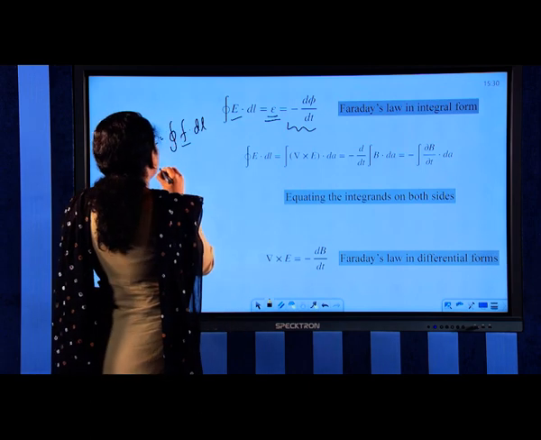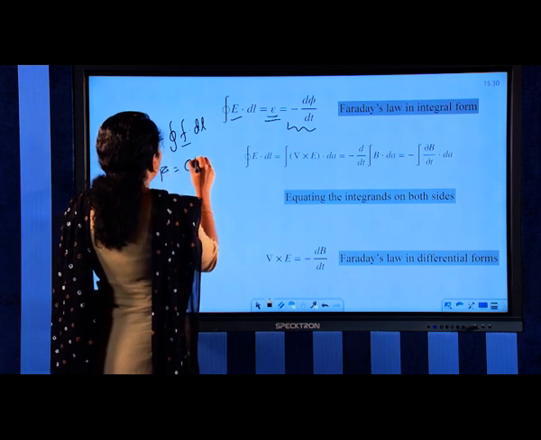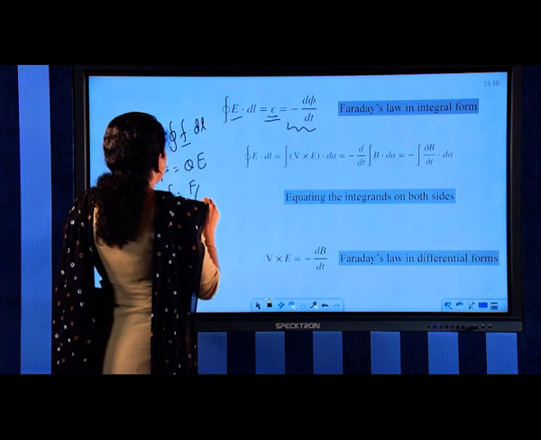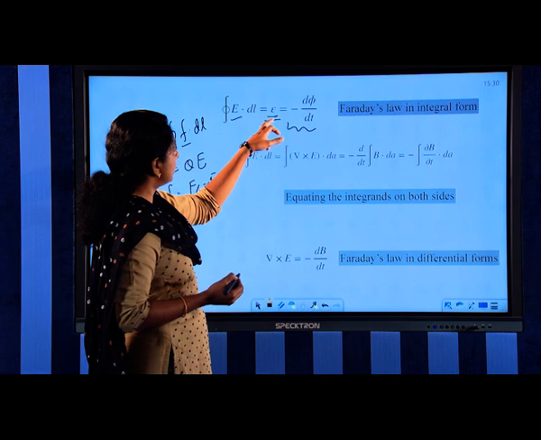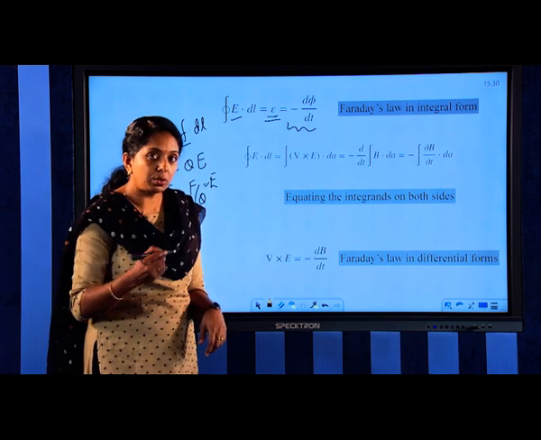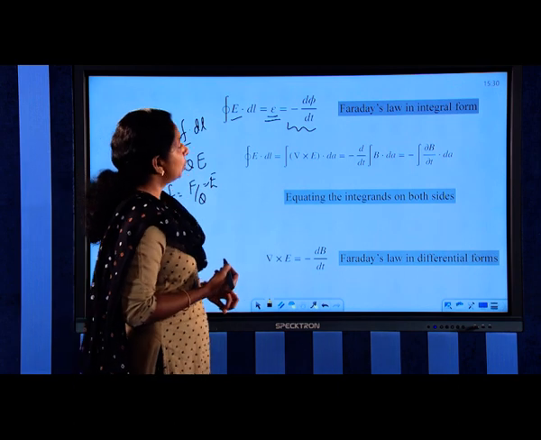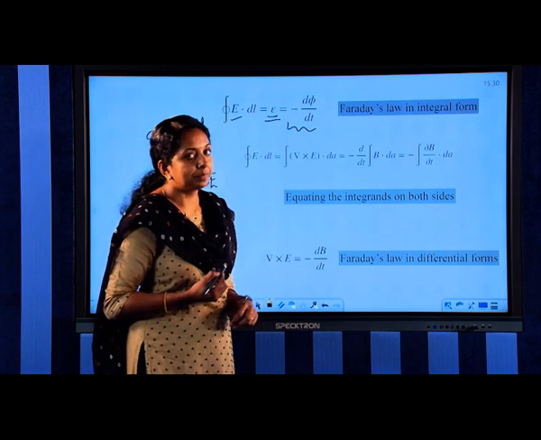In the case of an electric force, the force is qE, so F by q is equal to E. That is the reason why we have written this EMF as the integral over a closed loop of E dot dl, which is equal to the negative rate of change of flux, known as Faraday's law in integral form.